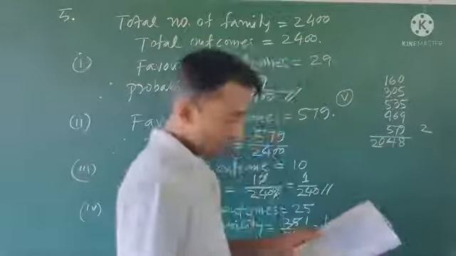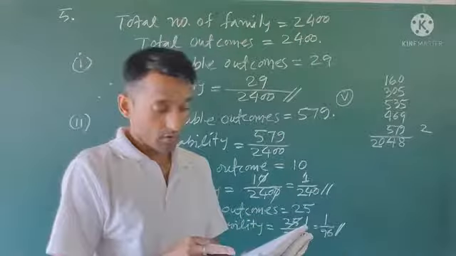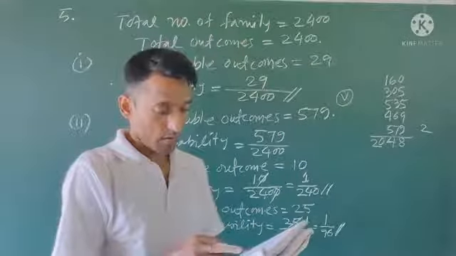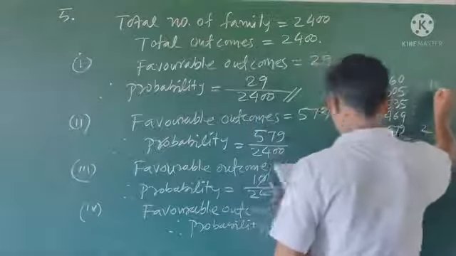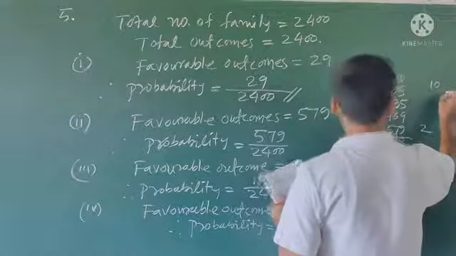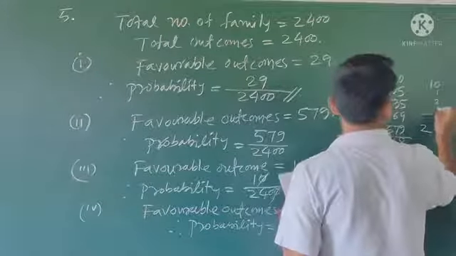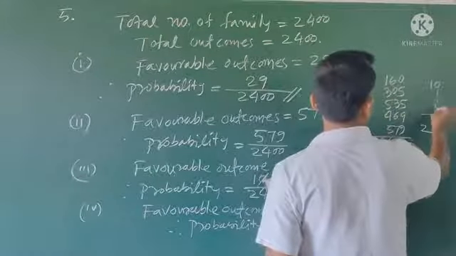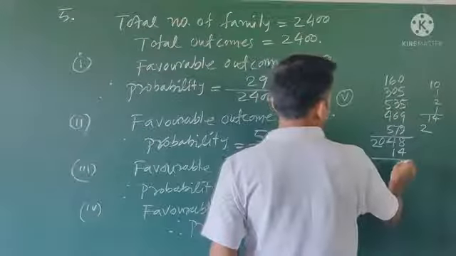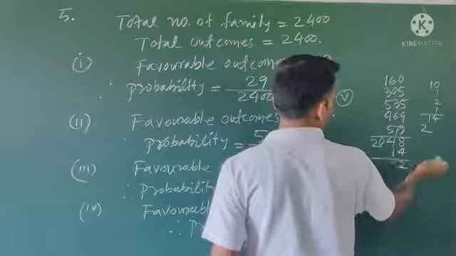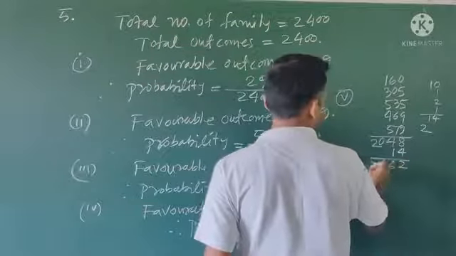Now, how many families have no vehicle? You count it: 10, then 1, 2, 1, total 11, 13, 14, 2, 12, 5, 6, 0, 2.